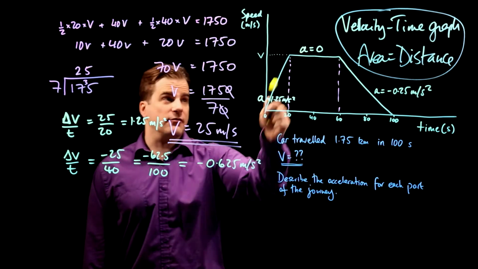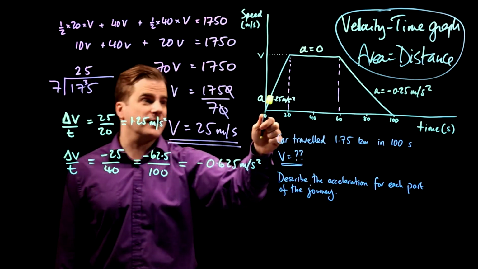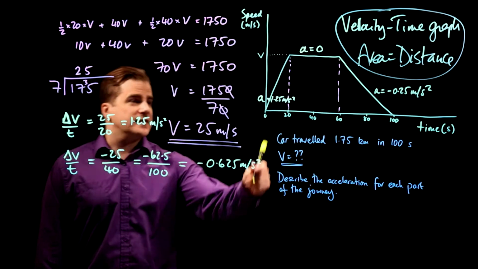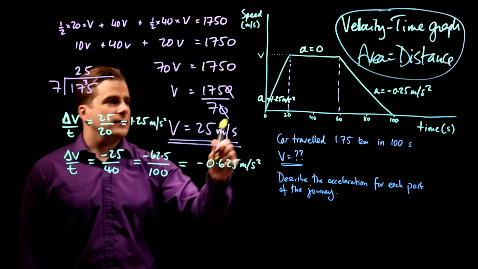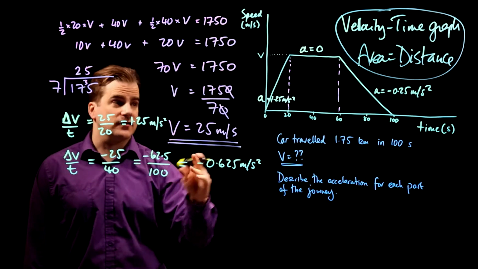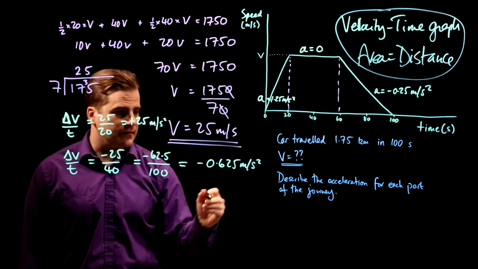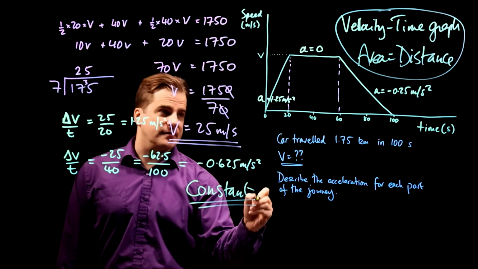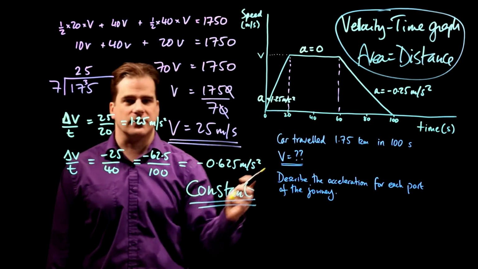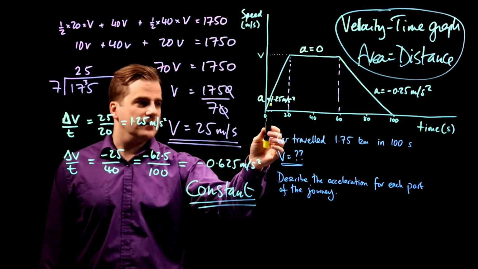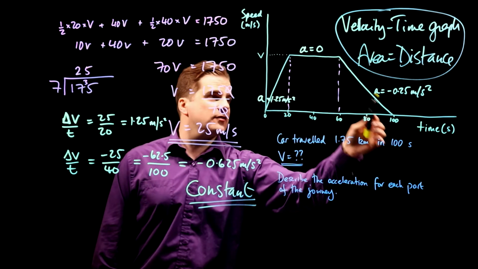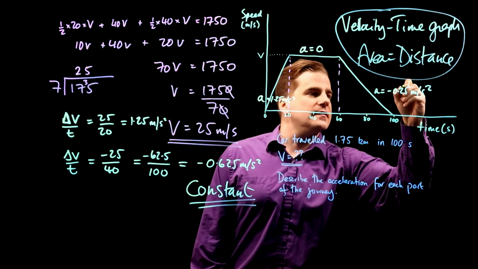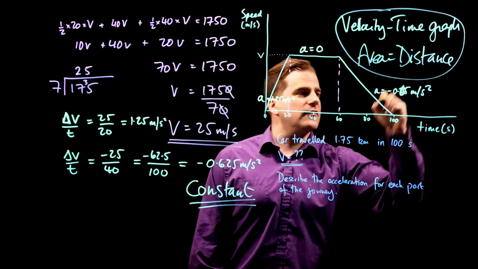You might get full marks just for calculating the actual accelerations, just writing that, and that. But you have to describe it, so let's use a few words. So say for this part that, firstly, the acceleration is constant. It's a straight line, so you get that word down. For all three parts, the acceleration is constant. Even that part, it's constant at 0. It's constant at 1.25 there, and it's constant because the line is straight at minus 0.625.